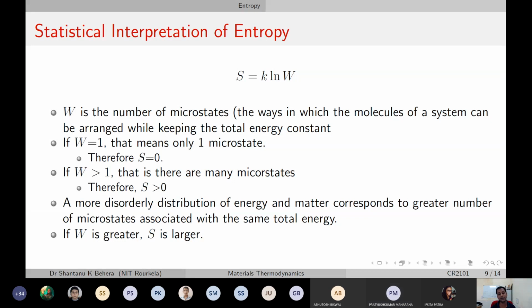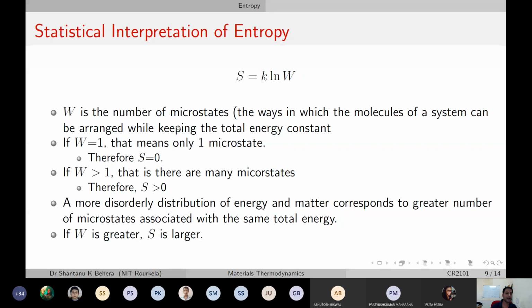Within the same energy, how many different ways can you fill the molecules into the various energy levels? When you talk about a temperature, there are various energy levels for a system, and the molecules have to occupy those levels. If there are many energy levels, then there are many ways you can fill those molecules in those levels, which tells us that entropy has to be positive.